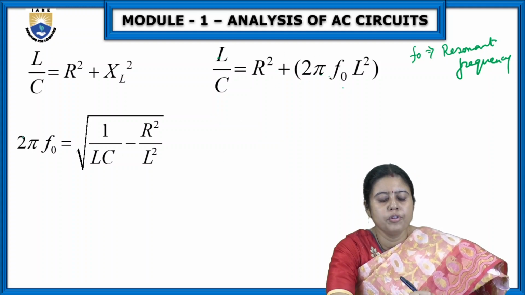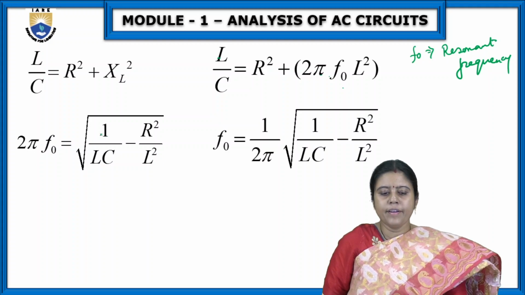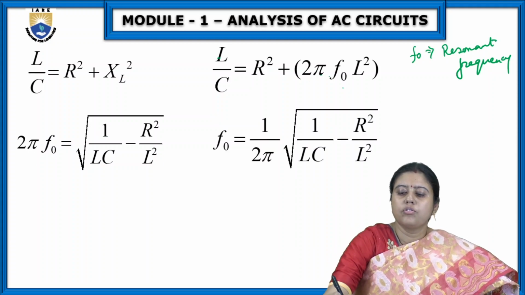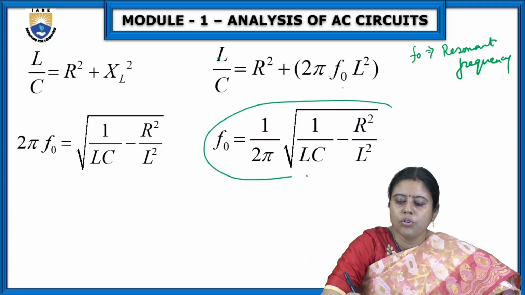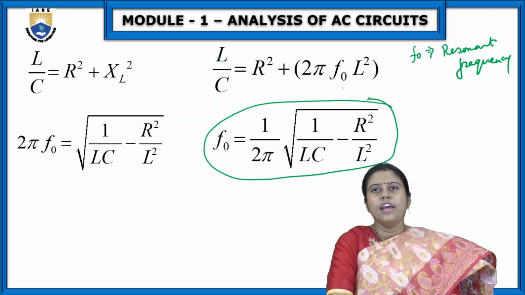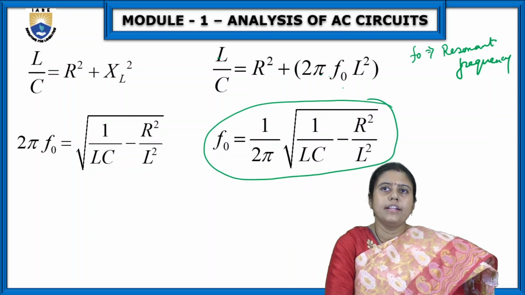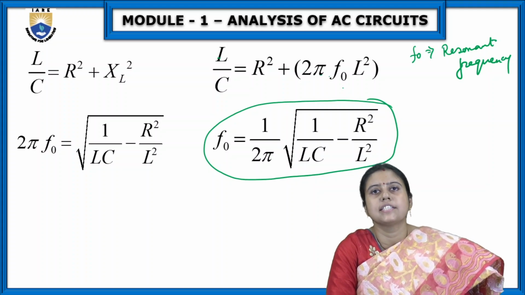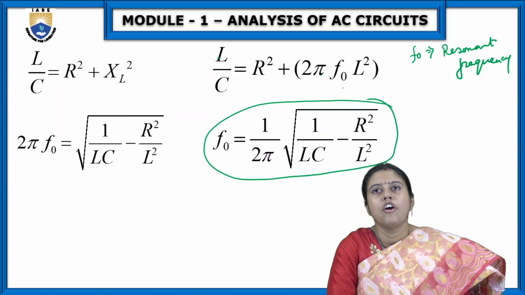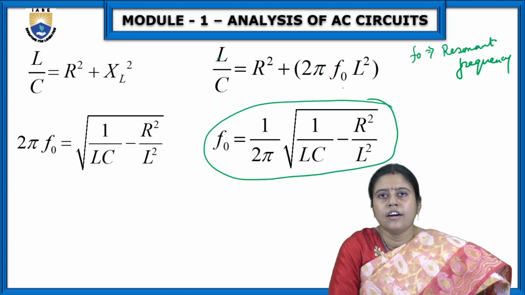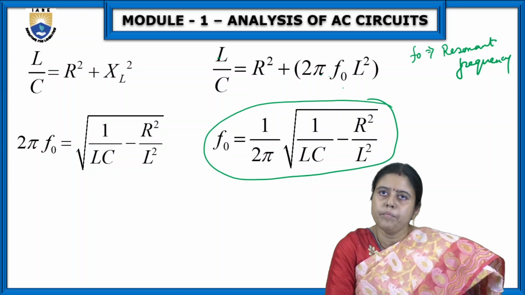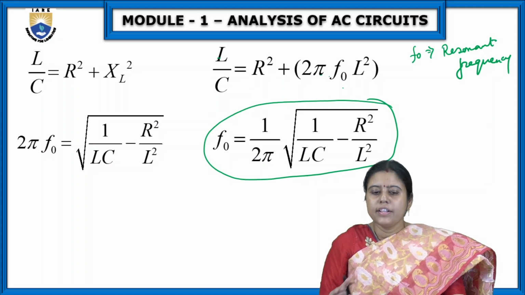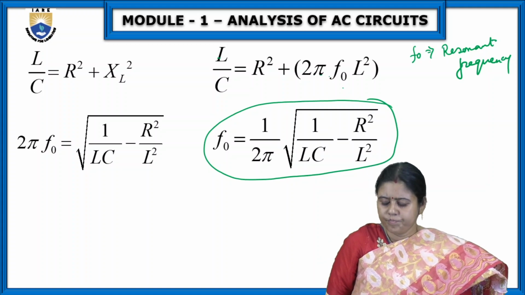If we put the value, we get F naught is equal to 1 by 2 pi square root of 1 by LC minus R square by L square. In the practical case, this is the resonant frequency for a resistive circuit. So this is the basic thing.